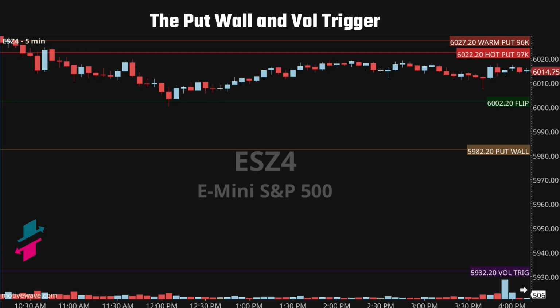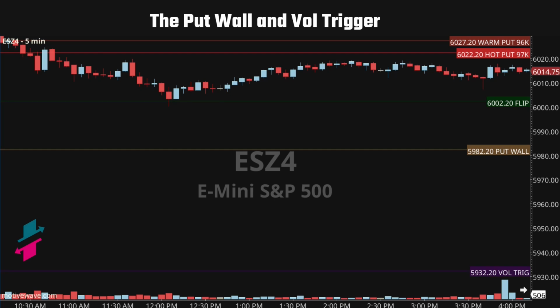So if you get down to the put wall, more often than not, you're going to see a bounce. If you get up to the call wall, more often than not, you're going to see a bit of resistance, especially during regular trading hours, where the options and their flows and how participants are changing their positioning may impact price discovery. So both of those are also programmatically updated minutely throughout regular trading hours, so you're able to determine where these key levels exist.